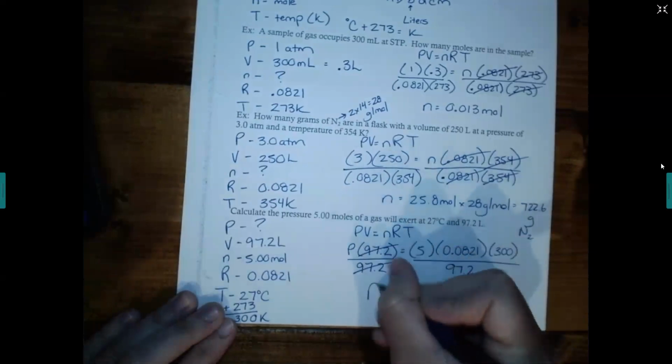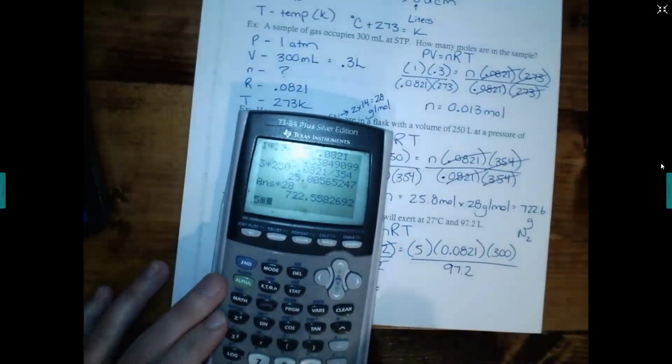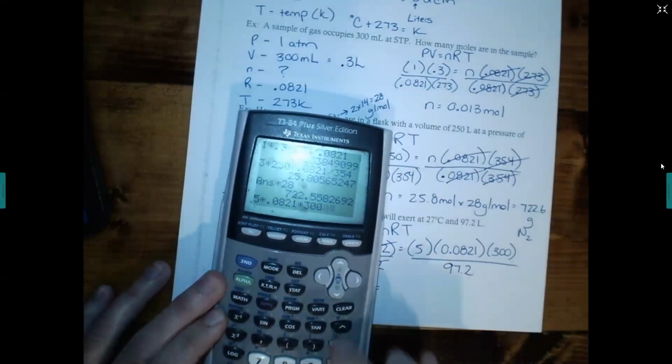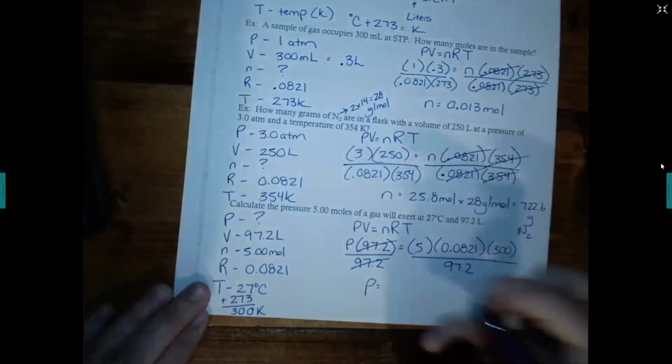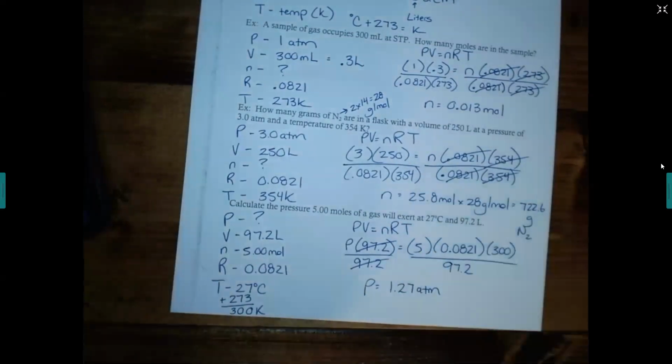So those cancel, and let's plug this in. 5 times 0.0821 times 300 divided by 97.2 gives me 1.27 atmospheres. And I'm done.